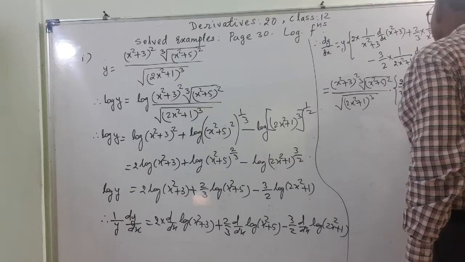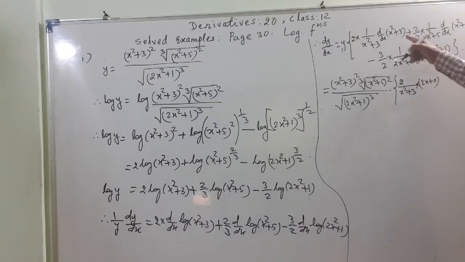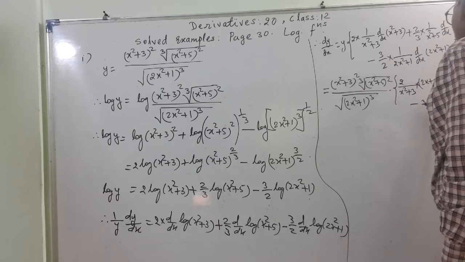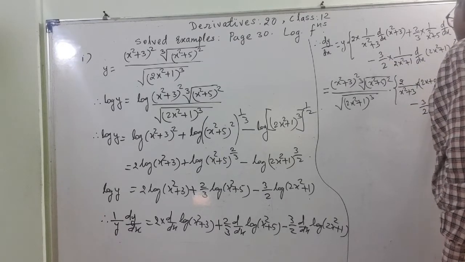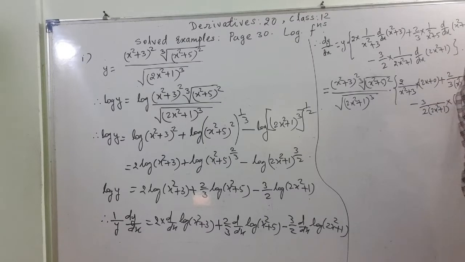Here I will write 2x plus 0 so that you will understand it better. The derivative of this, derivative of constant is 0, x square is 2x. Plus, this is 2 upon 3 into this, along with this x square plus 5, into the derivative of this will be 2x plus 0. Now this minus 3 upon 2 with this 2x square plus 1 and into the derivative of this will be 2x into 2 will be 4x plus 0.